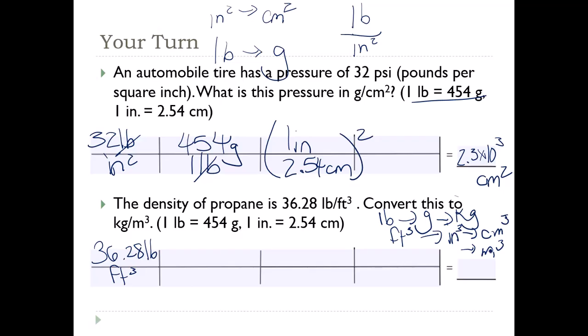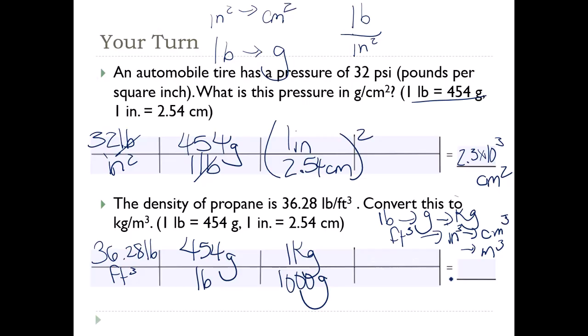Okay, so let's go from pounds to grams. How do we do that? So we have grams per 1 pound. So we have now grams per feet cubed. Then we want kilograms. So 1 kilogram is equal to 1,000 grams. I'm going to need more lines.